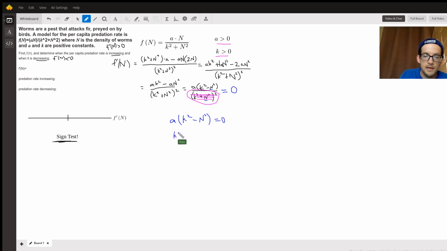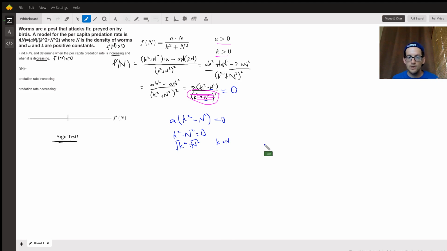So we'll end up with k squared minus n squared equals 0. We can add n squared on both sides. That'll get k squared equals n squared. And then to eliminate these exponents, we can take the square root of both sides. So k is equal to n.